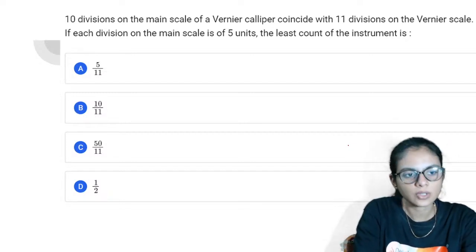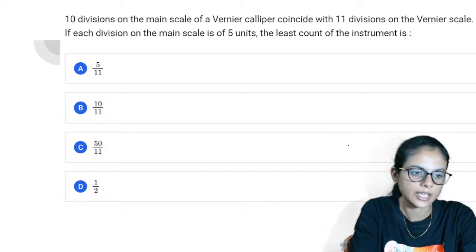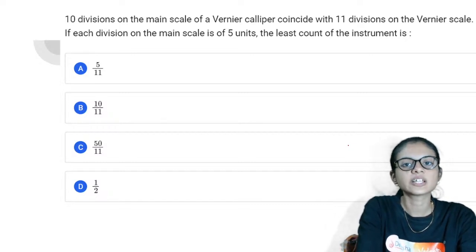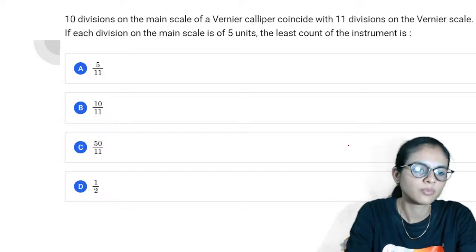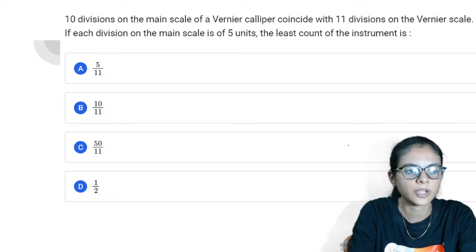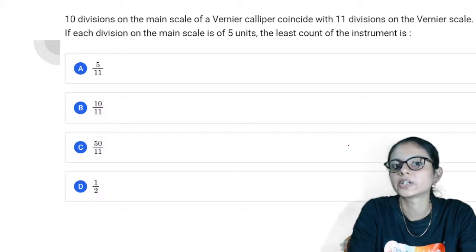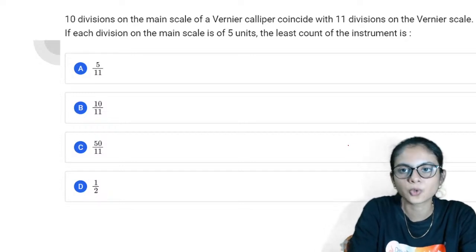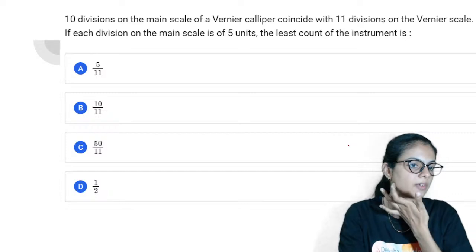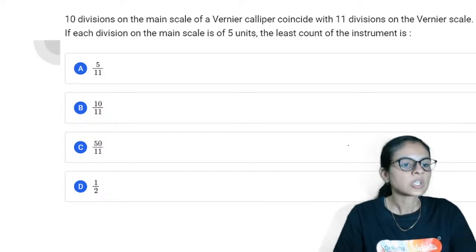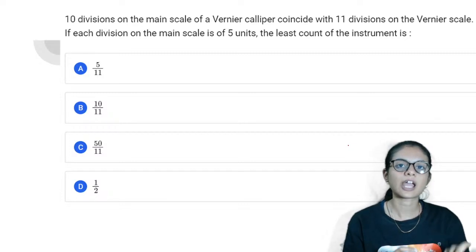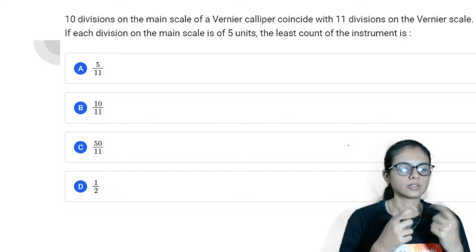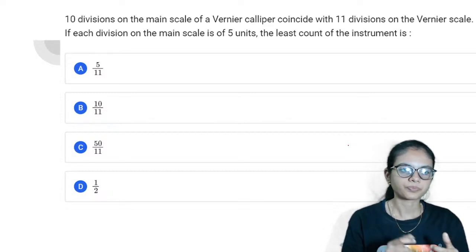So before answering this question, you should know what is vernier calipers. Vernier calipers is an instrument, a device you'll be using first in your first lab. In the first lab, your lab teachers will be guiding you with the vernier calipers, and the screw gauge after that. It is used to measure the dimensions such as length, breadth, and height of a block kind of structure.